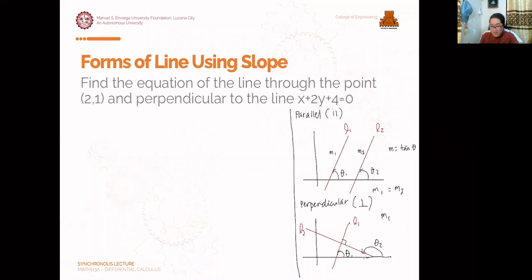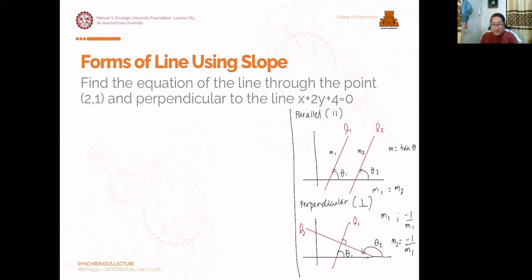Di ba may m1 tayo? Pag kinuha natin yung negative reciprocal o yung negative na kabaliktaran, so ang negative ni m1 ay negative 1 over m1. Tapos kapag si m2 mo, nag-equals doon sa negative reciprocal nung m1 mo, ibig sabihin perpendicular sila. Ibig sabihin, kapag yung slope nung isang line is negative reciprocal nung slope nung other line, perpendicular yung mismong lines natin with each other.